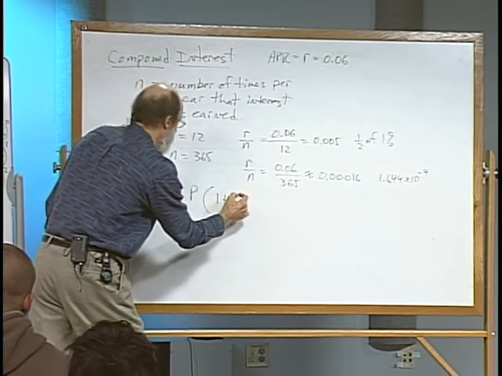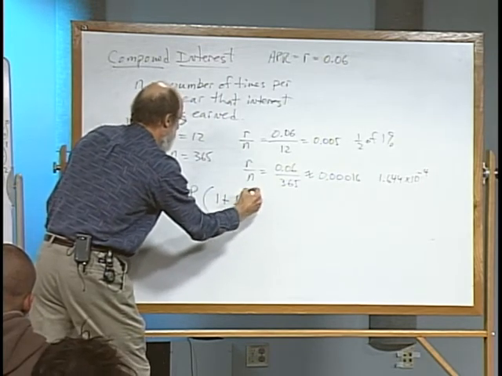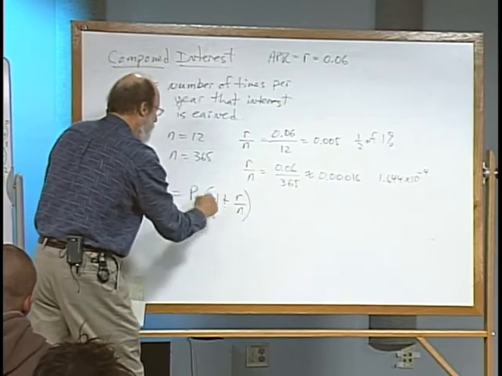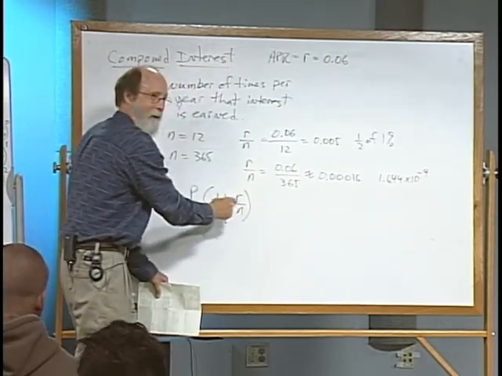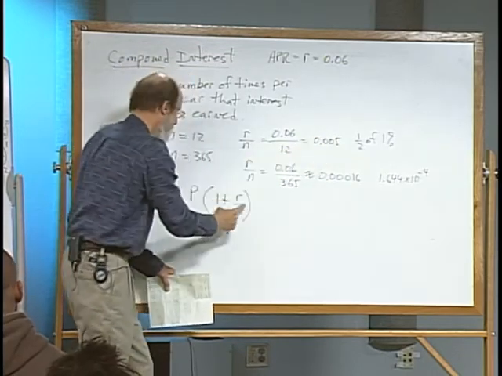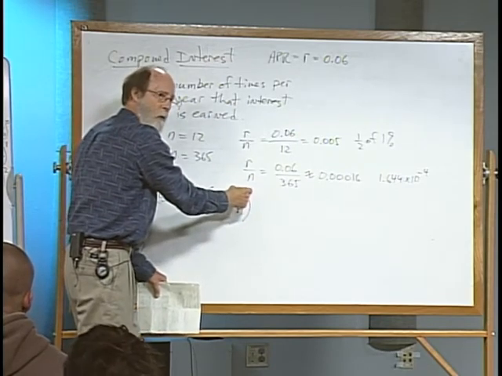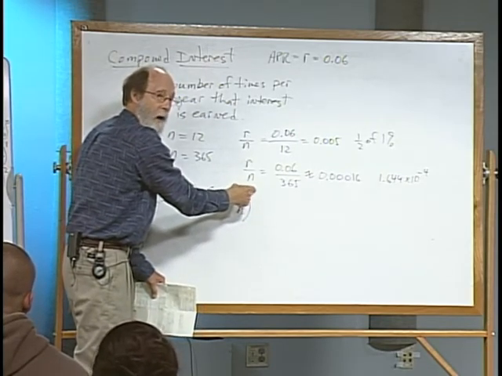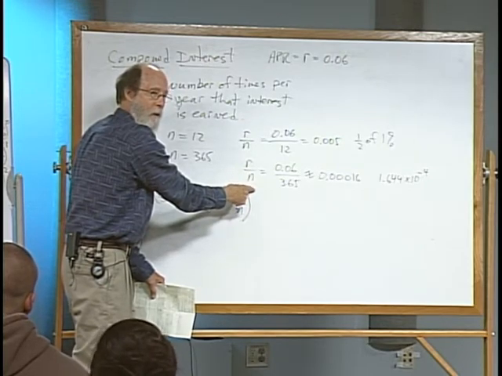Not just R, R over N. And then we're raising this, it could be like 1.005, right? And you're raising that to the total number of compoundings that occur.